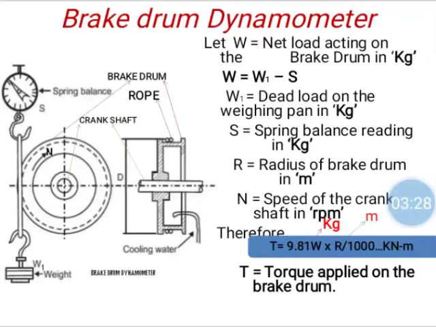Around this brake drum, a rope is wound in one or two rounds. One end of the rope is connected to a suspended spring balance. S is the spring balance reading. The other end of the rope is connected to the dead weight, W1.